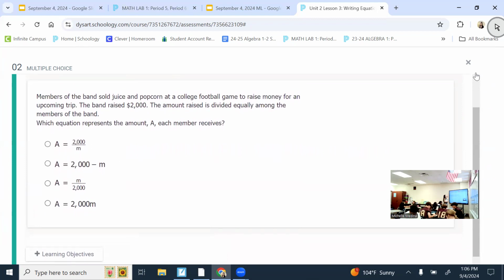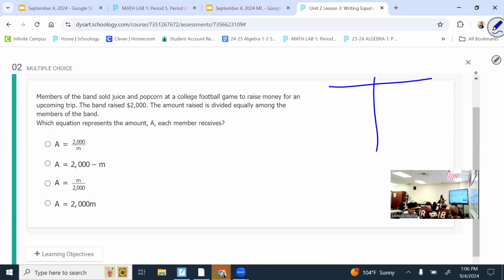The band raised $2,000. The amount raised is divided equally among the members of the band, which equation represents the amount that each one receives. When in doubt, what the lesson was trying to teach you earlier today was that when in doubt, you could try making a table of values.